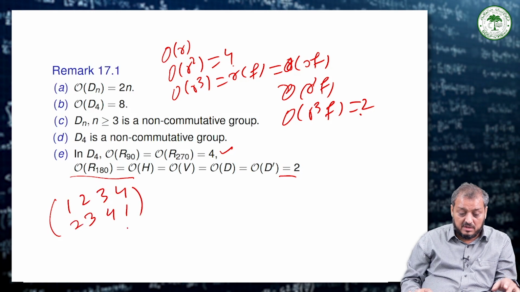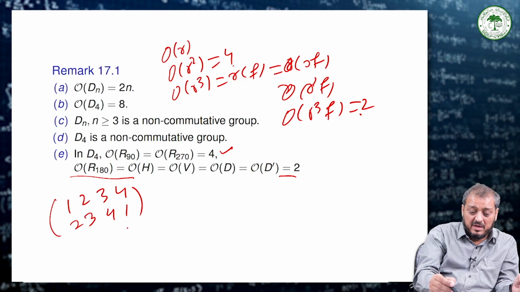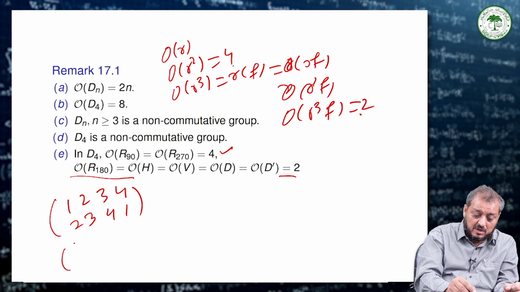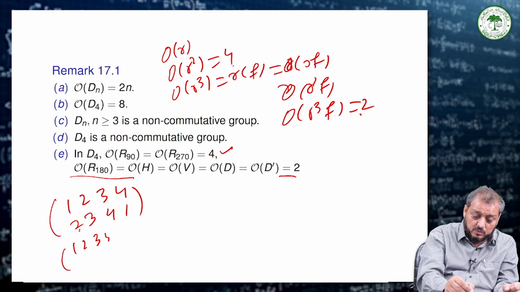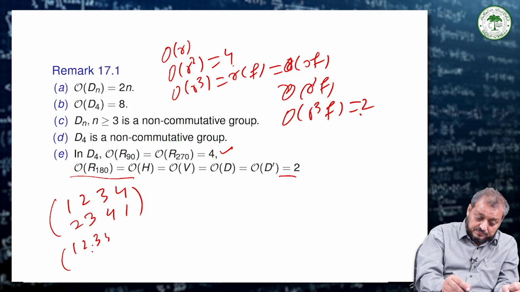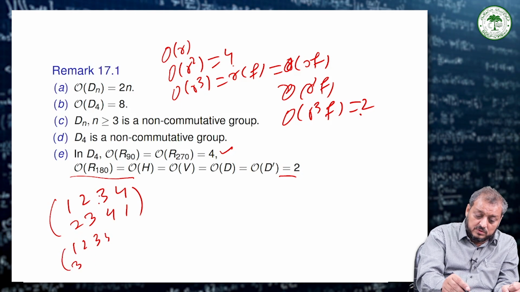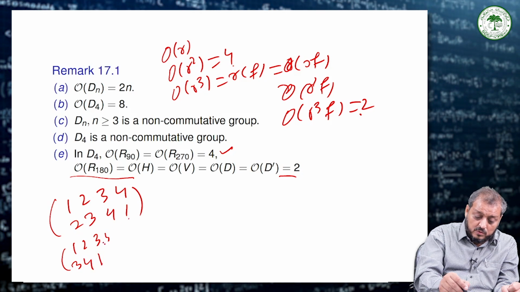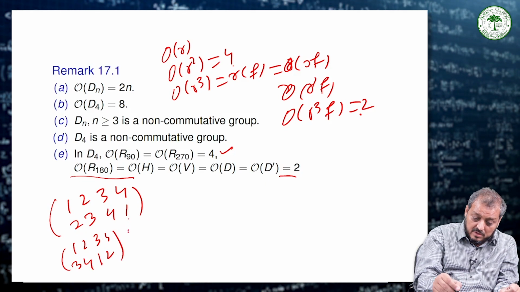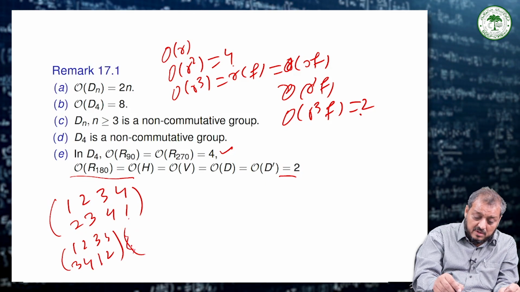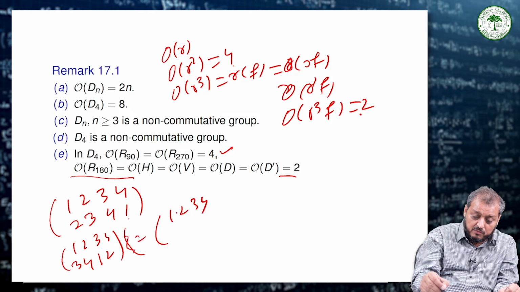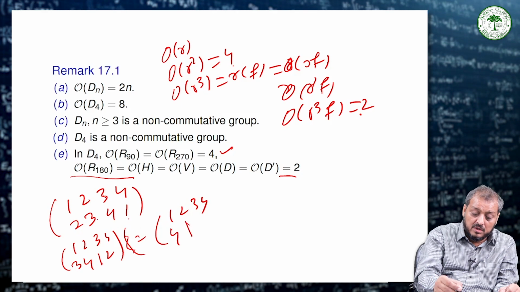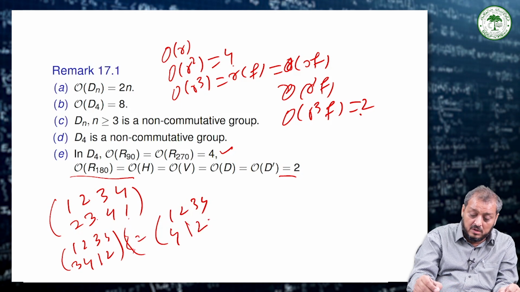Now if you multiply it by itself, we get 1 goes to 2 and 2 goes to 3, 2 goes to 3, 3 goes to 4, 3 goes to 4, 4 goes to 1, 4 goes to 1, 1 goes to 2. Then again we have the square, and we multiply it again, getting 1 goes to 2, 2 goes to 4, 2 goes to 3, 3 goes to 1, 3 goes to 4, 4 goes to 2, 1 and 3.